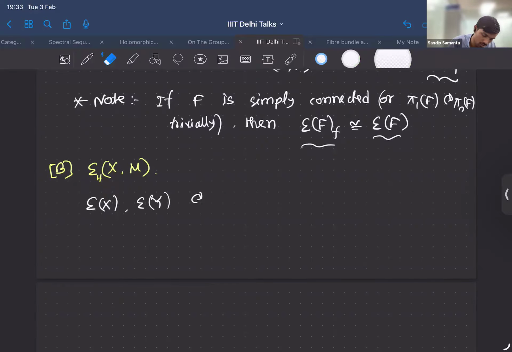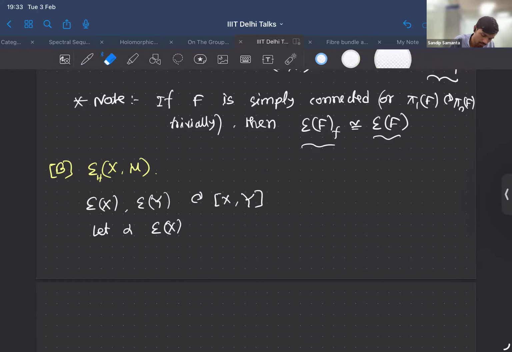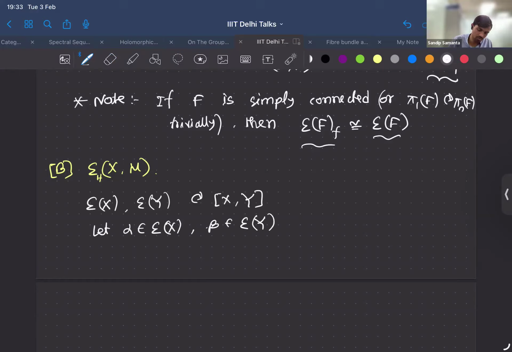That means if I consider all homotopy classes of maps from X to Y, then these sets act on them. So let alpha belong to epsilon X, and beta belong to epsilon Y, and then I can define an action of alpha and beta on this set.